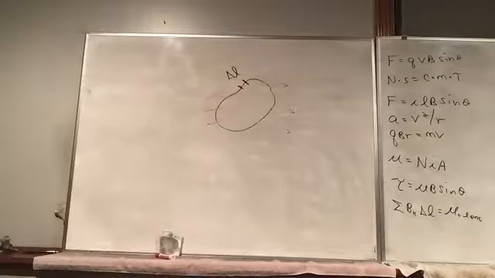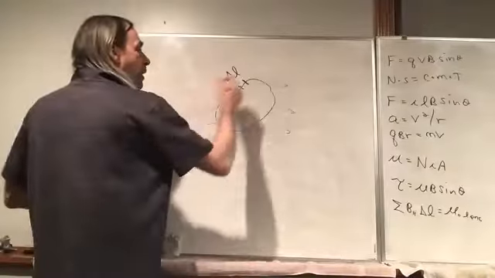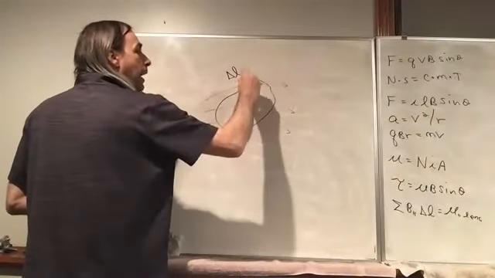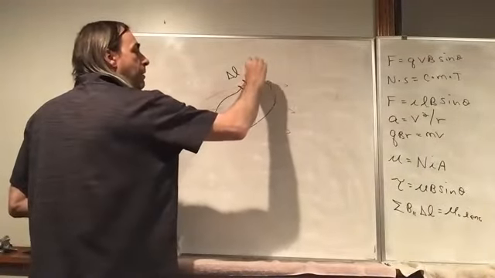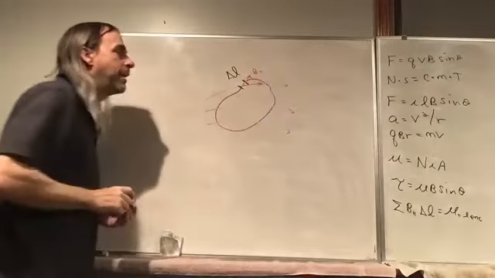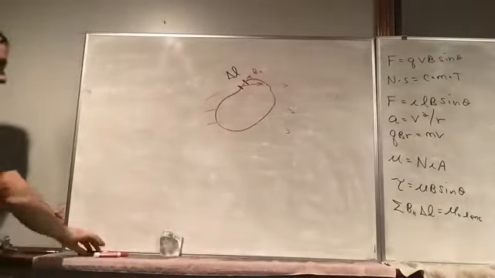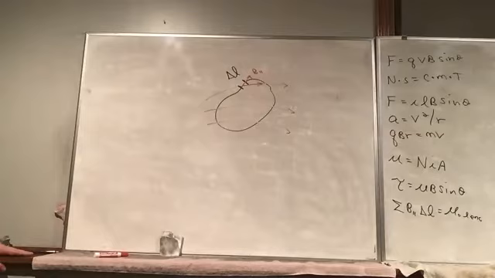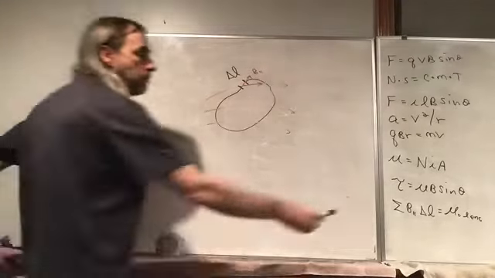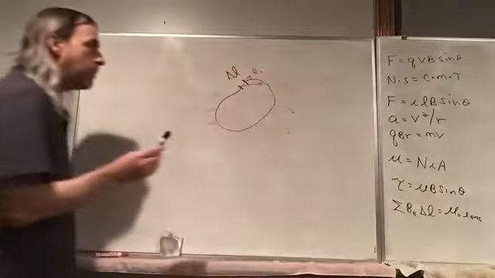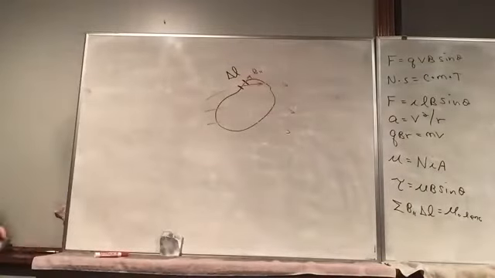That has a length delta L. And the magnetic field at this point would look like this. And so we look at the component of the magnetic field in the direction of that line segment. Call that B parallel. And then if you multiply by the length of the line segment, you get B parallel delta L. And that's just for that one line segment.